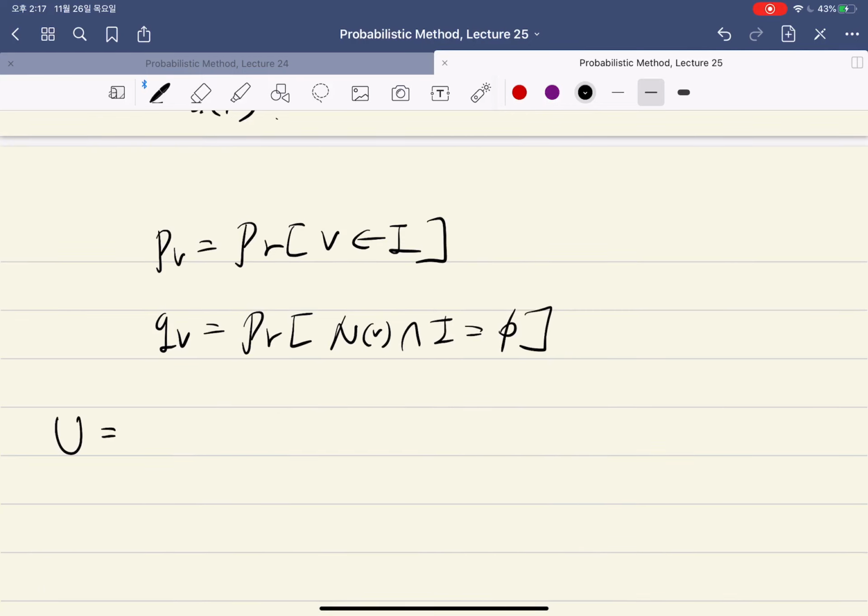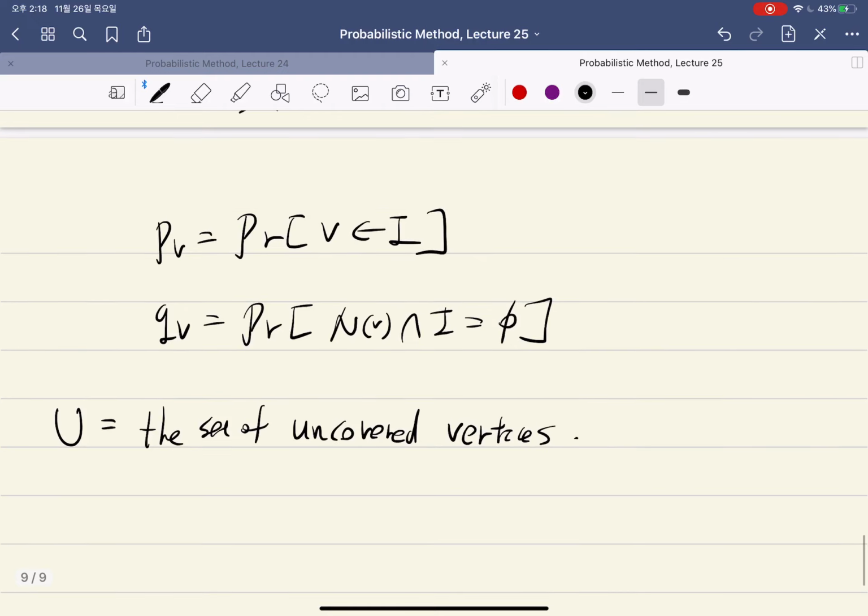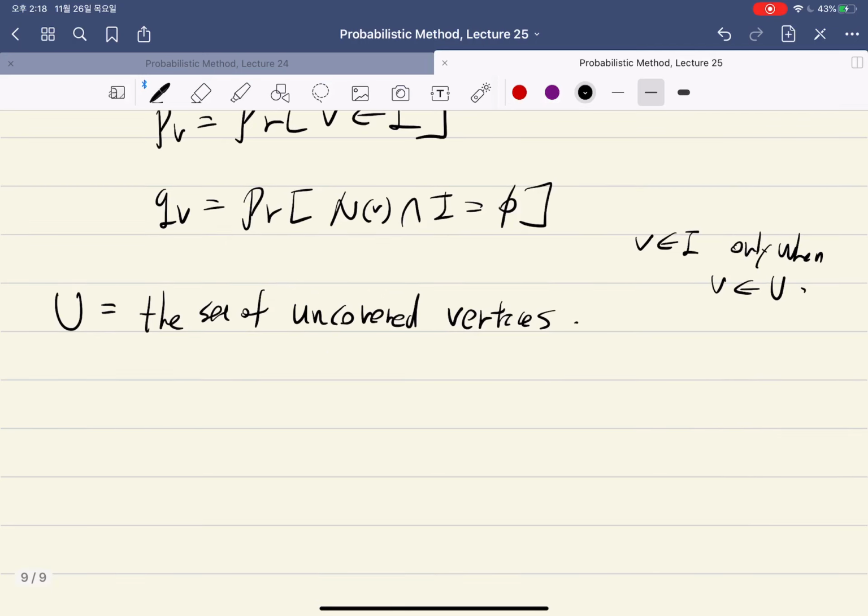And let U be the set of uncovered vertices. So U is again a random variable. So V is in I only occurs if V is in U. Only uncovered vertices can be occupied.